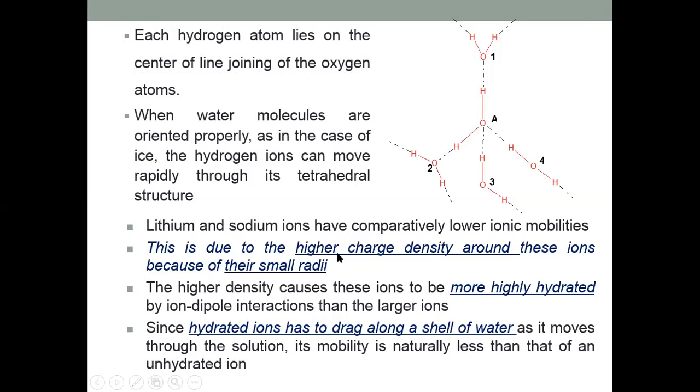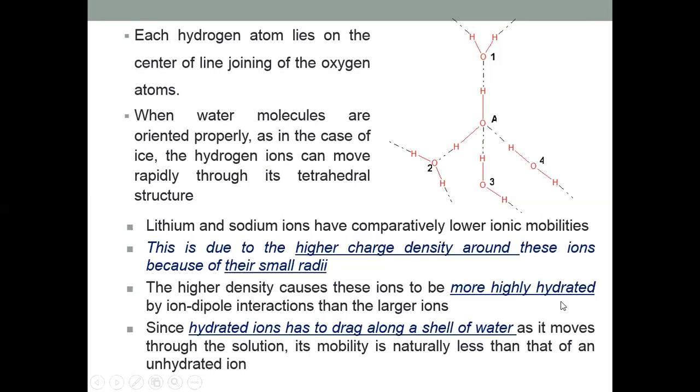The ion with a higher charge density will be better hydrated because of the ion dipole interaction, right? So out of lithium and sodium ions, let's discuss which will have a higher charge density. Of course, for lithium, because it has a smaller ionic radius, and since charge for them is same, +1, right? That is why lithium will have a higher charge density, and it will be more hydrated.